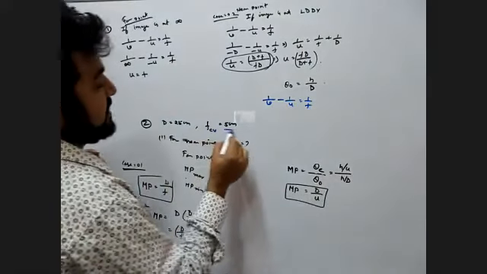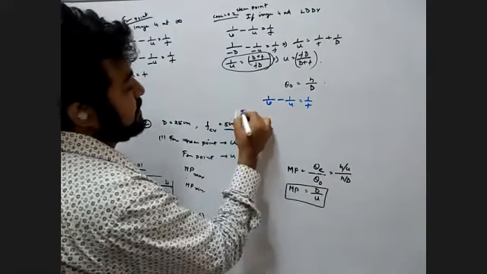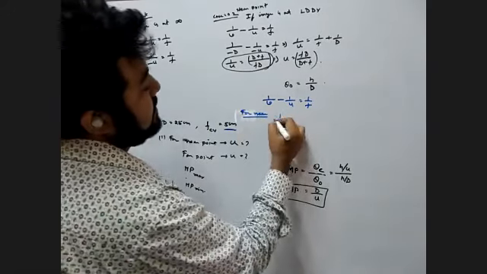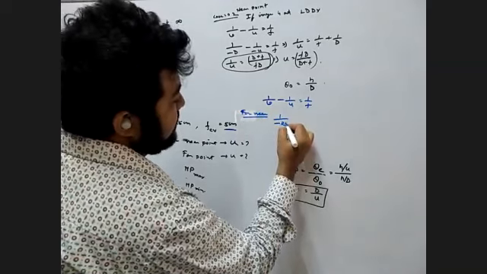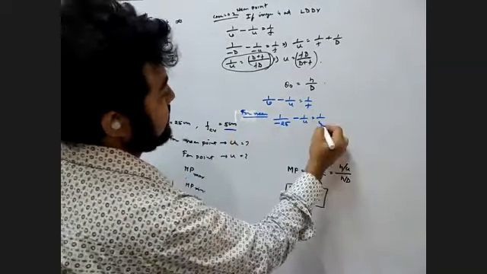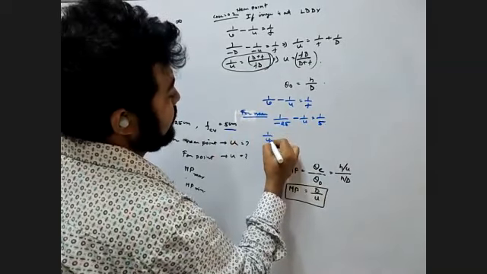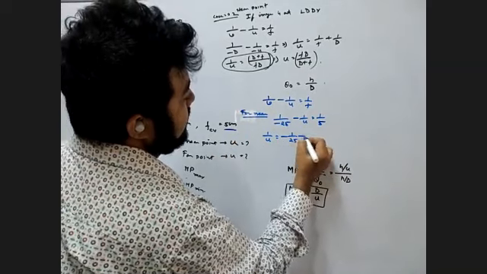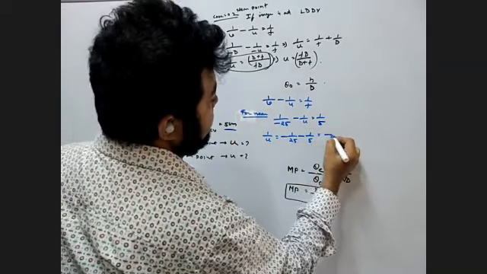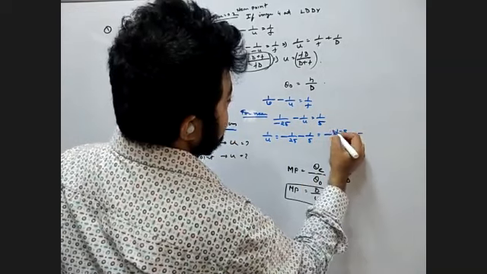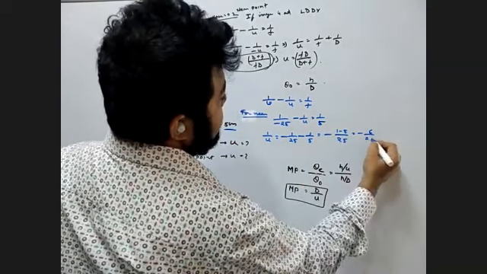Now F is fixed. For near point, what do you mean by near? This is the least distance of distinct vision. 1 by U, you don't know. F is 5 centimeter. So what you have, 1 by U equals 1 by minus 25 minus 1 by 5, that is minus 6 by 25.